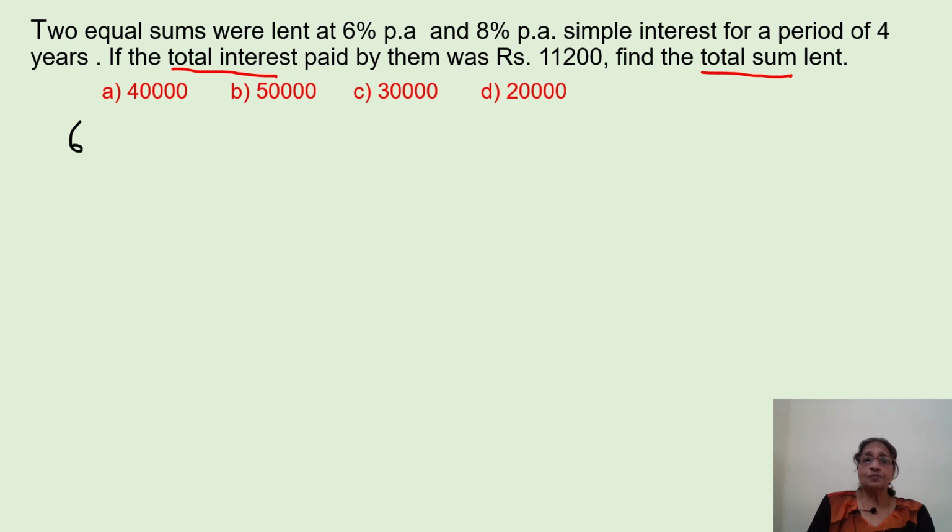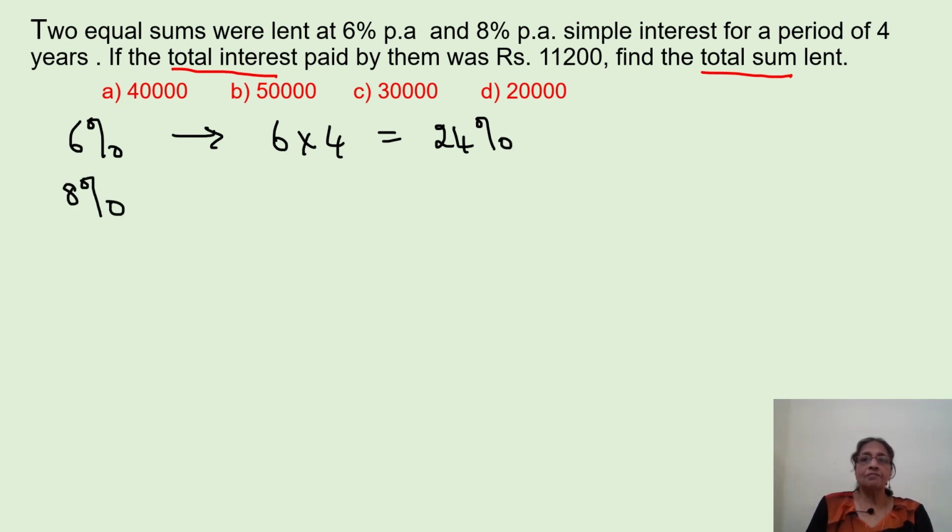First is a 6% for a period of 4 years. So, 6 into 4. Next is an 8%, but the number of years is the same. If the total interest paid, so how much is our total here?